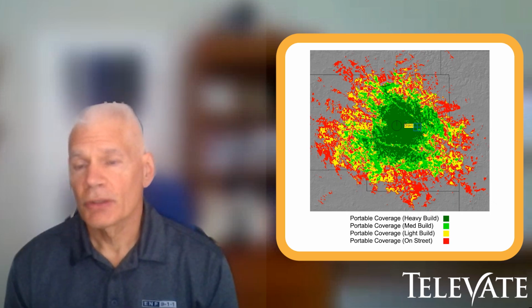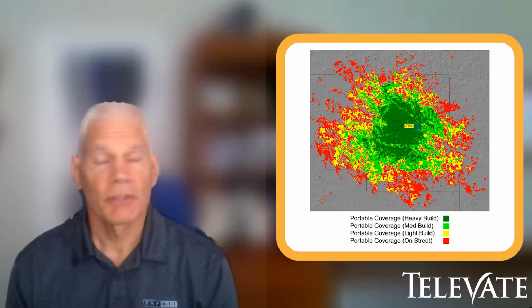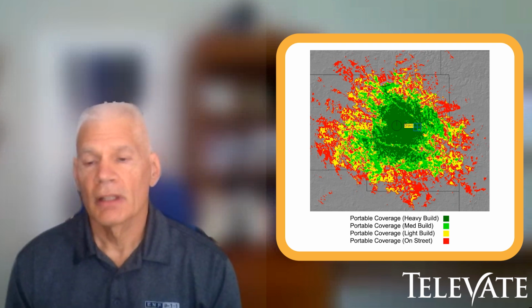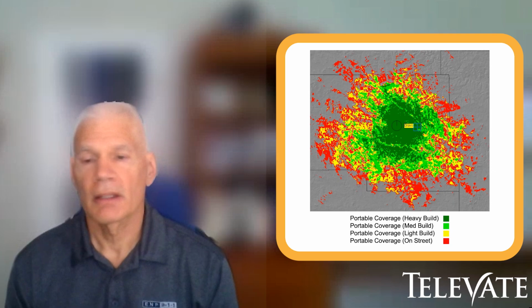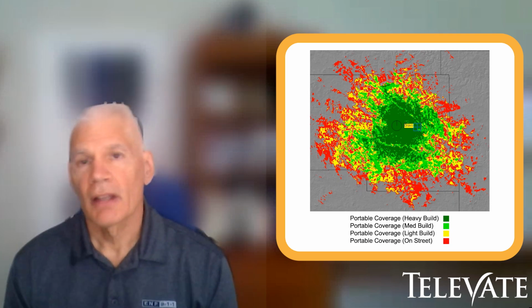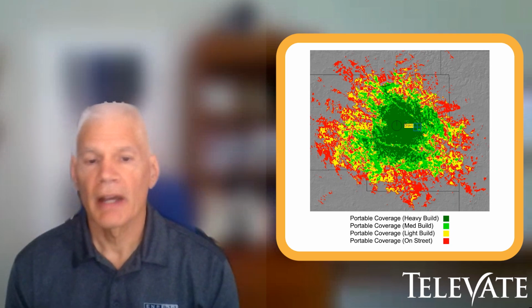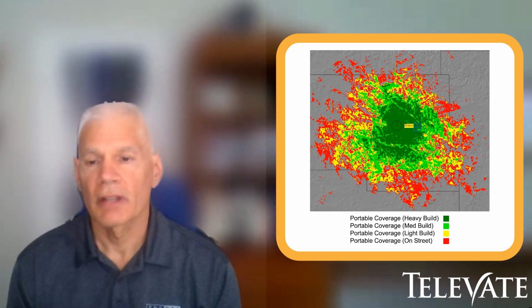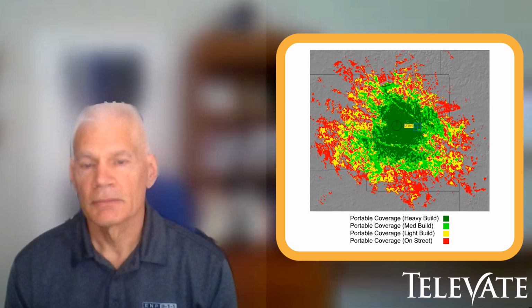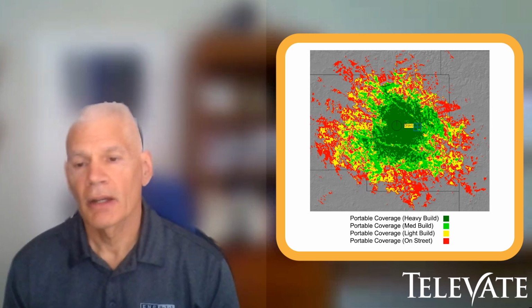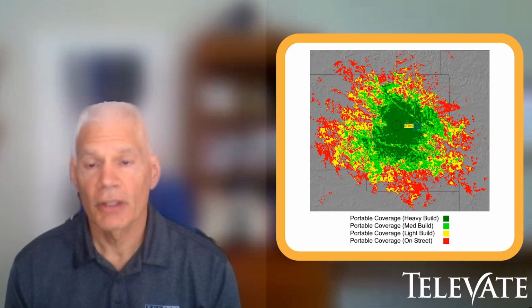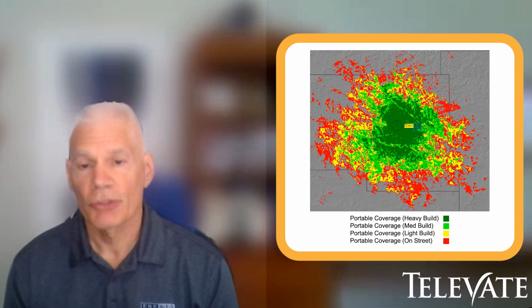Because of these considerations and the attempt to balance the system design and make it the most cost effective, a lot of times we will specify different levels of in-building coverage for the different areas of the service area. For example, if it's a county, there may be some higher building density areas in municipalities.